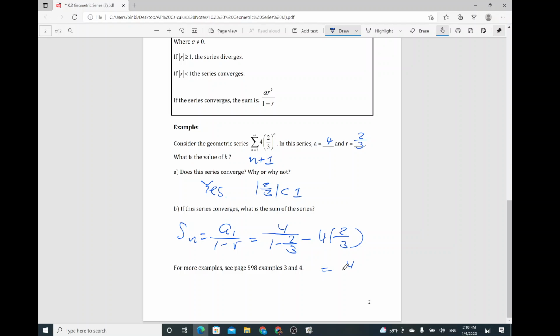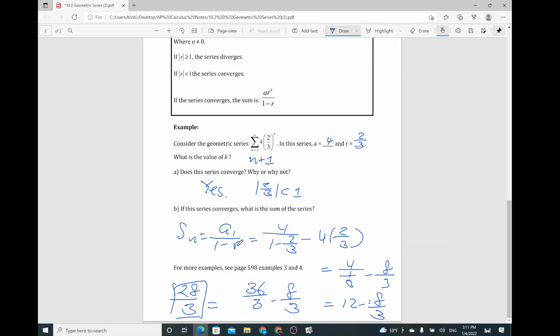So we have 4 over 1 minus 2/3, which is 1/3, minus 4 times 2/3. So this is 12 minus 8/3, so it's 36 over 3 minus 8 over 3. That would be 28 over 3 for the sum.